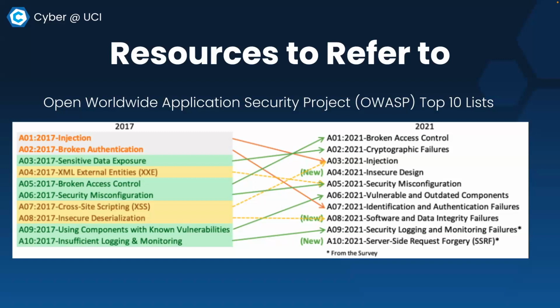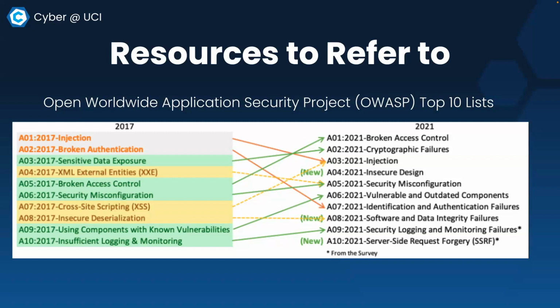They had a top 10 list in 2017. They've since updated it in 2021, and I believe they're working on a new one for 2024 to be released in September. A lot of these are honestly security technical jargon that can be broken down into simpler terms for a developer to understand.